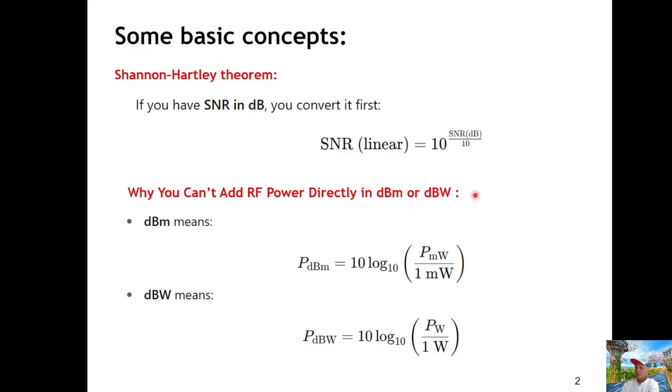Another concept we need to be clear on is that if two RF powers are summed together, you can't sum them directly in dBm or dBW. You need to convert to linear values first, then sum together. For example, dBm is converted in this way, and dBW in this way. You use this formula, but of course you need to do some of the math here.